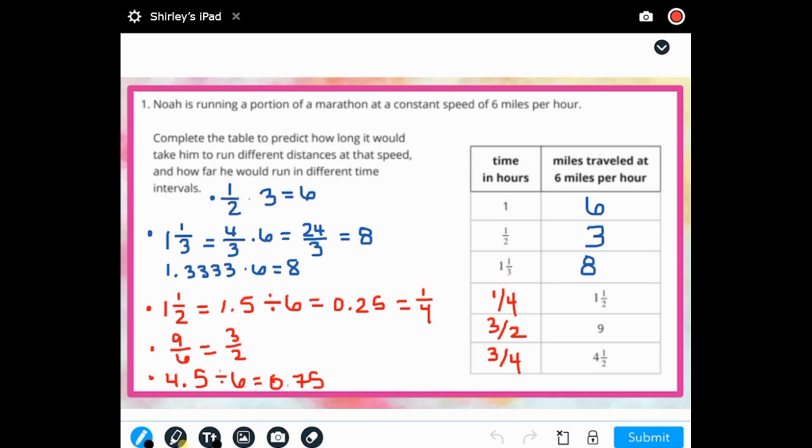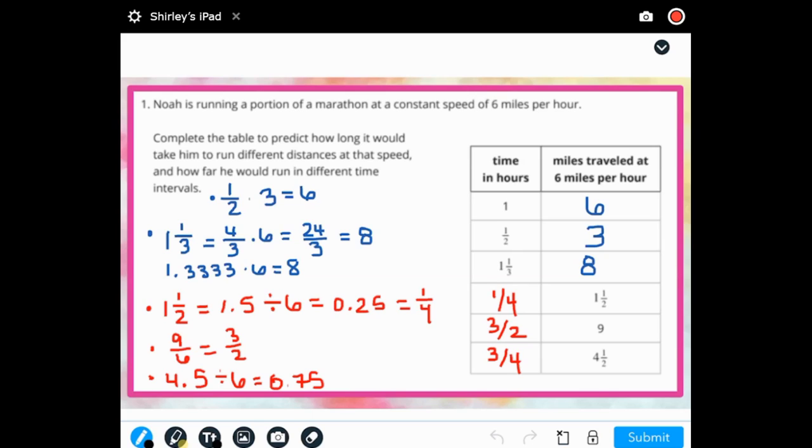There are a lot of fractions here. If the fractions are throwing you off, always remember that you can convert them to a decimal. 1/2 is 0.5. 1 1/3 would be 1.3, repeating all the way down. So convert them to decimals, and then just go through it exactly like we've been doing.